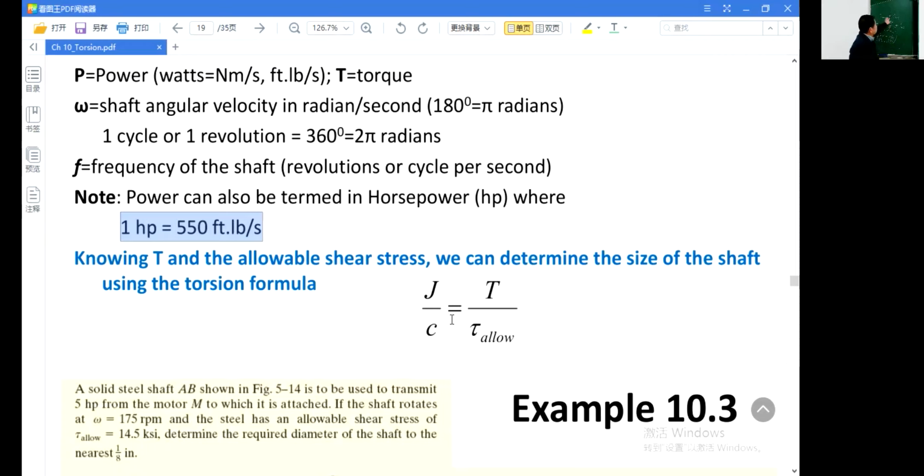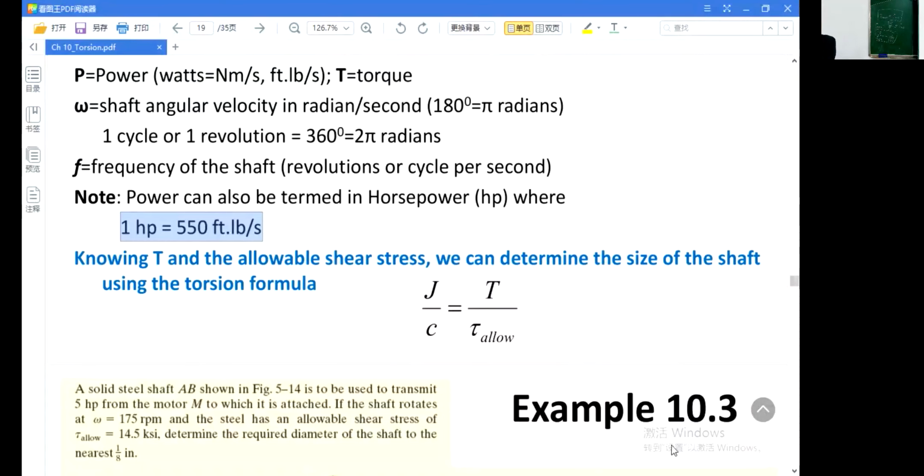It means the stress is less than the allowable stress. From the formula, we can determine the radius of a shaft. The formula comes from this formula.